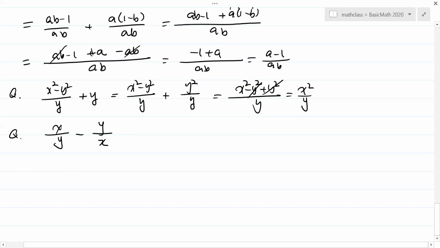So you have to multiply y by x for the first denominator, and for the second denominator, just x, you have to multiply by y. So you get x squared over xy, minus y squared over xy, right? Then they have the common denominator, and the result is x squared minus y squared over x times y. Okay?